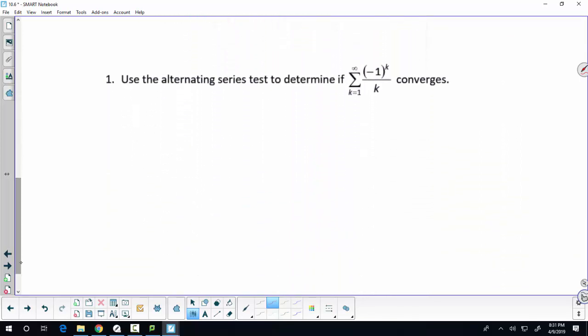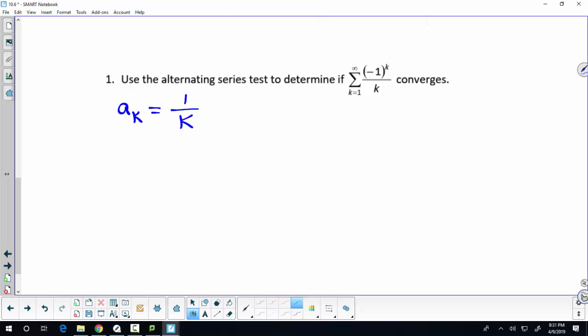So we, in a different way, showed that this alternating harmonic series converges. Let's use the actual alternating series test to show that it converges again. The first thing we want to note is that a sub k is everything but the alternating part.